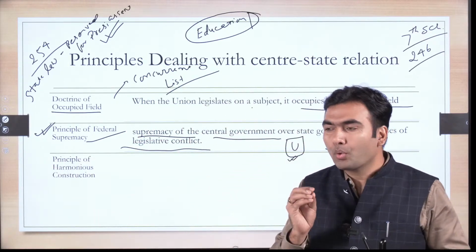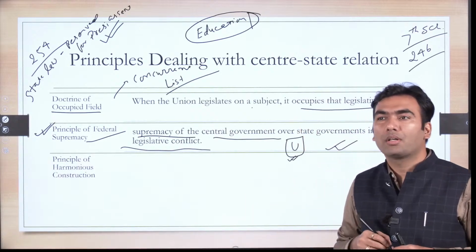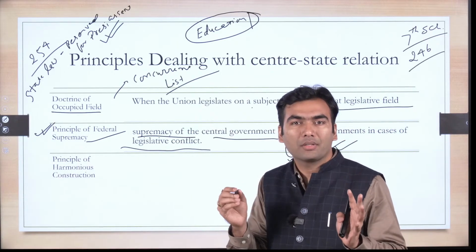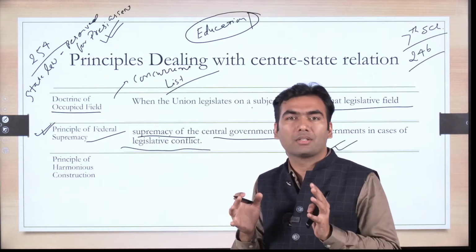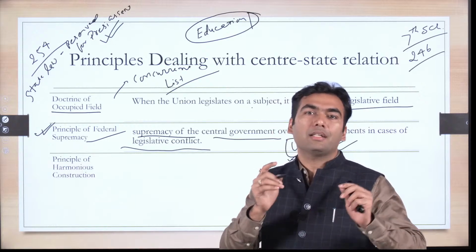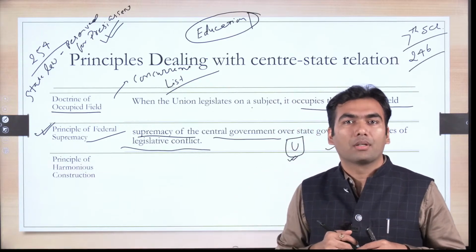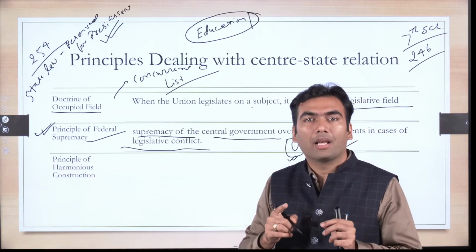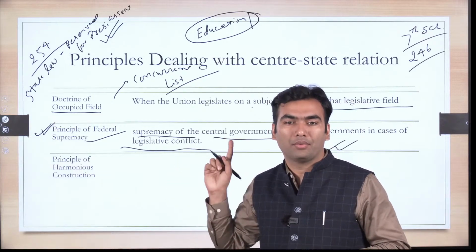Okay, so the approach the court will take is that if at all it is possible that both the laws can be given multiple interpretation, that interpretation would be taken into account which will allow both the laws to survive.